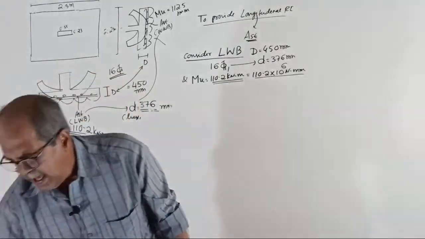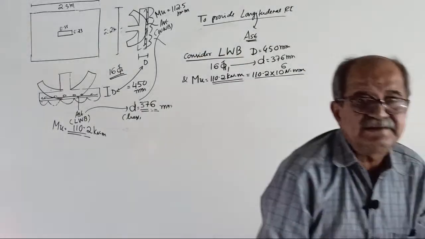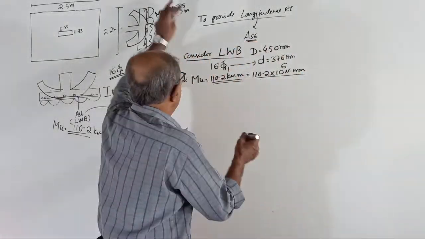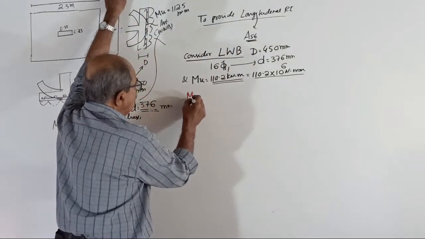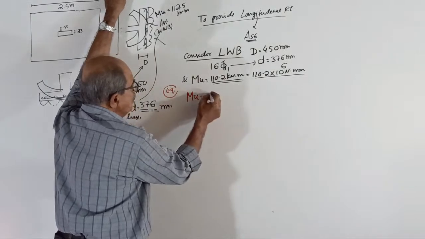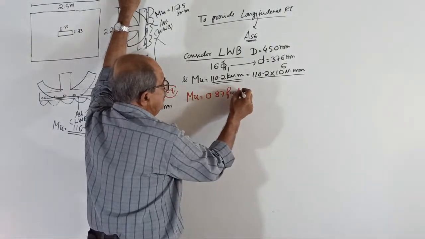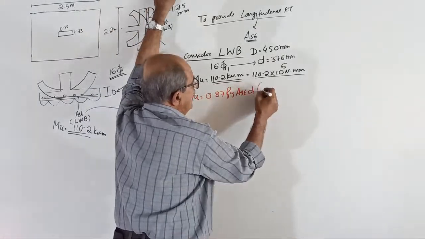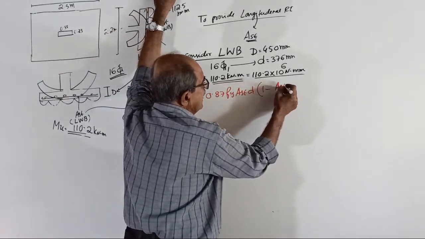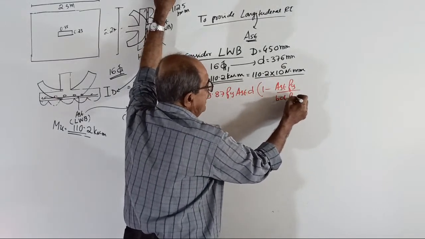But there are newcomers, so when I take something, they should also understand. The equation to be used is Mu equal to 0.87 Fy into AST into d into (1 minus AST Fy divided by b d fck).